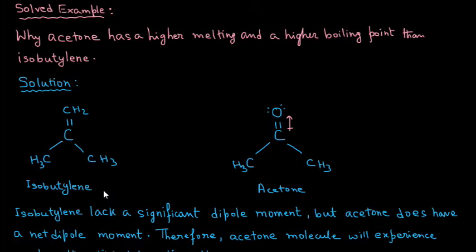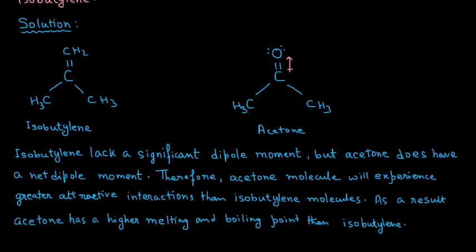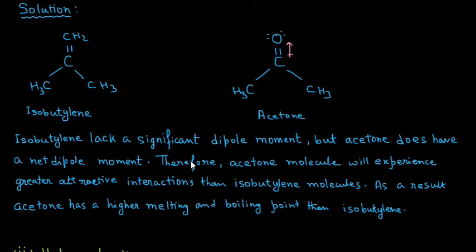In a later chapter, we'll go through the nomenclature and study these compounds in detail. For now, just think of them as two organic compounds. So first, let us draw the structure. This is isobutane and this is acetone.